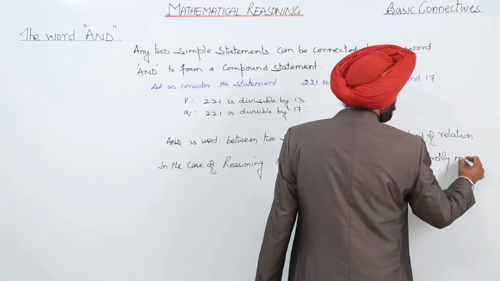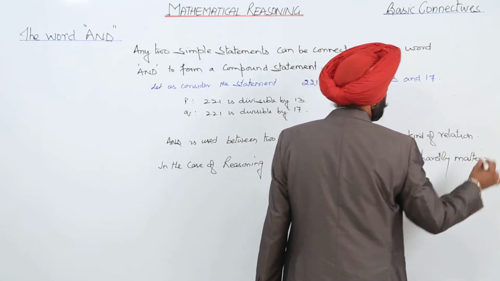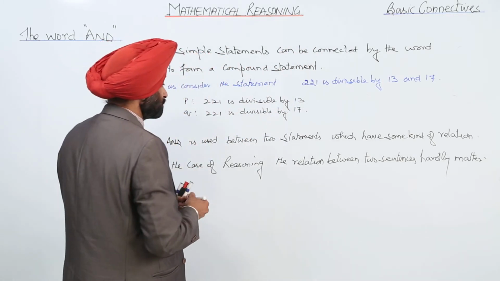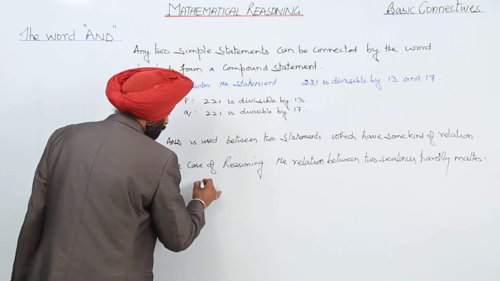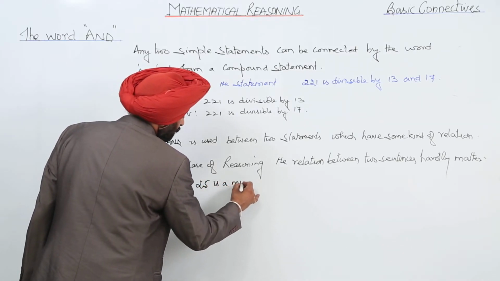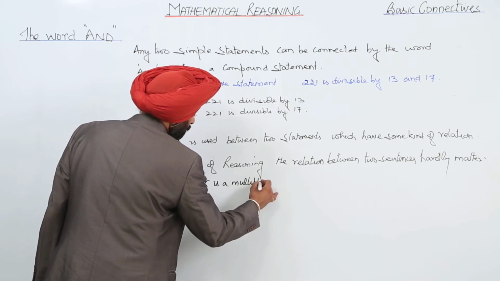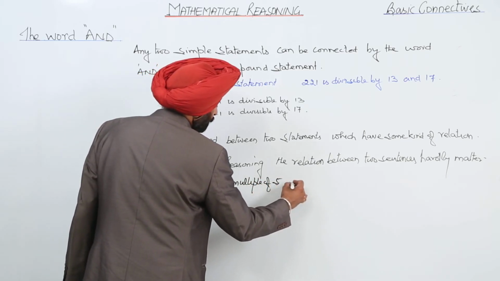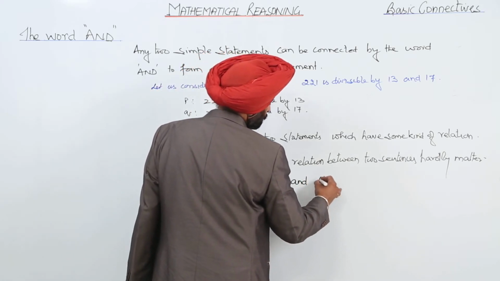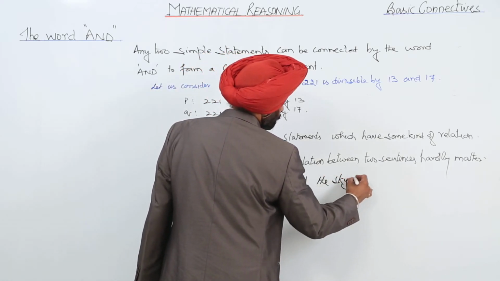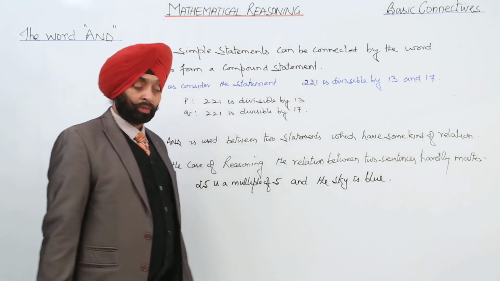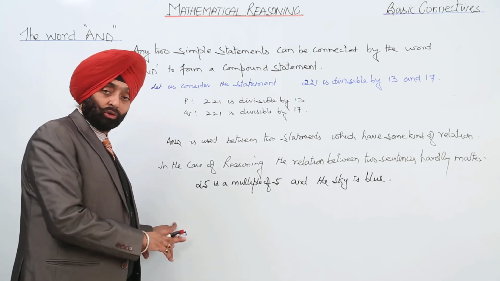Now for example, we are having: 25 is a multiple of 5 and the sky is blue. So for the reasoning part, this is okay.